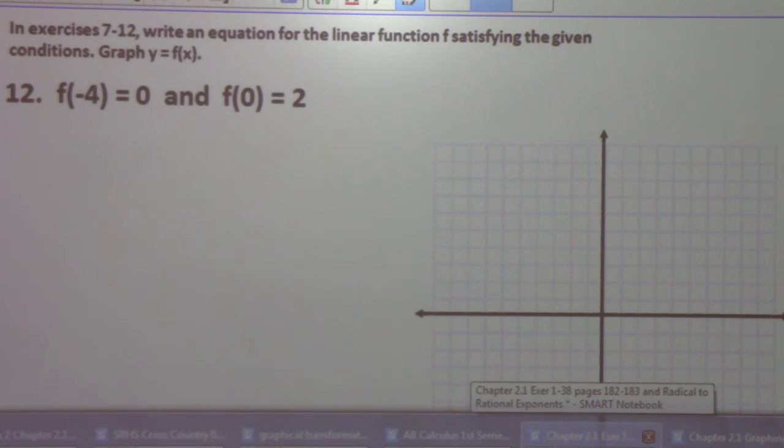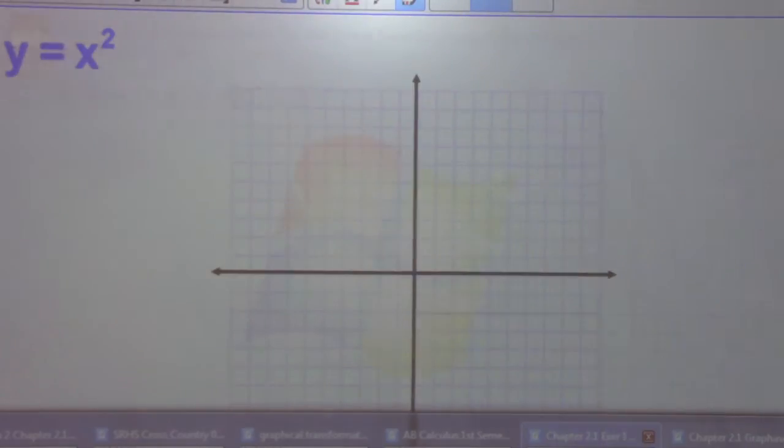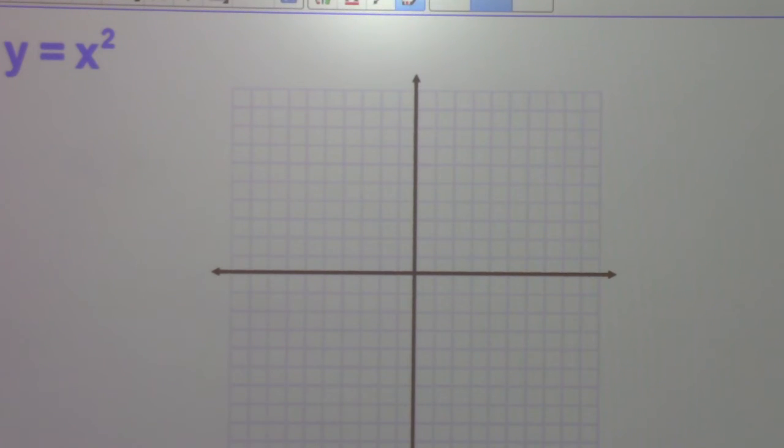What we have here is some exercises on what Angel said. We're going to be graphing quadratic functions.